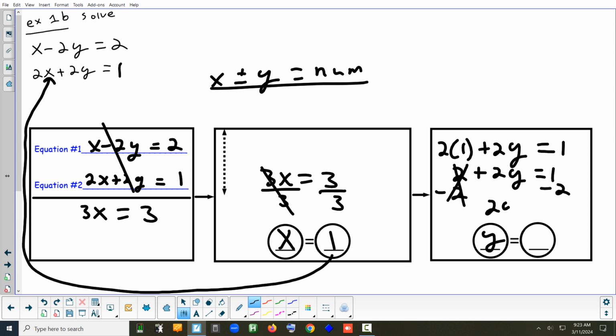And on the right side? Negative 1, because 1 minus 2 is negative 1. Is y by itself? Not quite. We still have one more thing to do to get y alone. Divide each side by 2. So the 2's cancel. And what do we get for y?